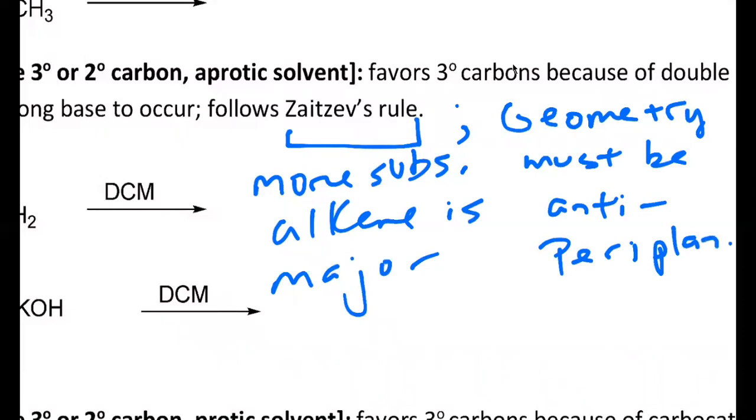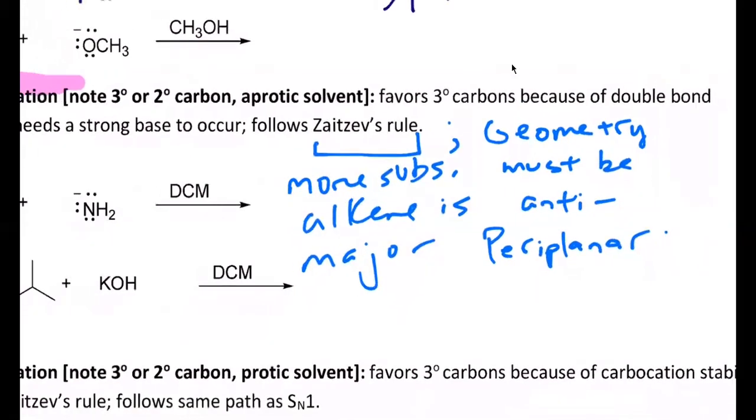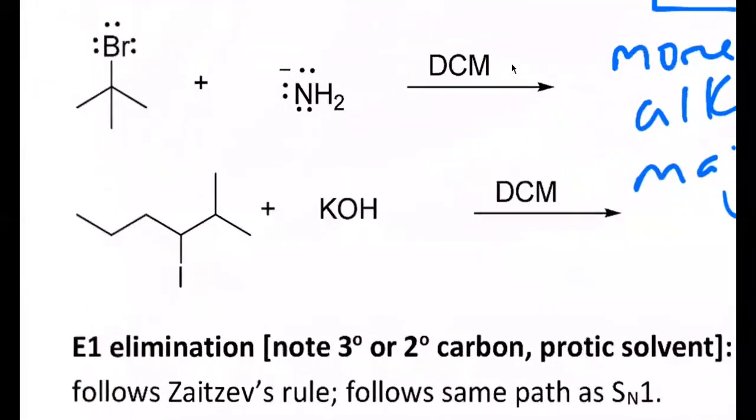Let me write that whole word out. Anti-periplanar. What that means is that the proton that you're removing and the leaving group have to be on opposite sides of each other. So I want to look at this first substrate right here.